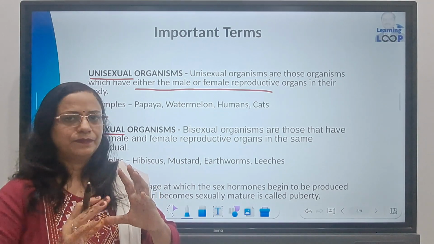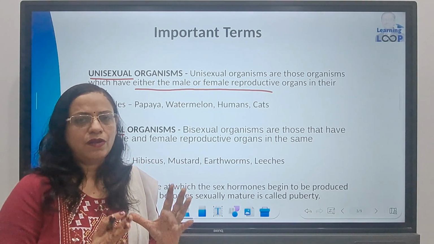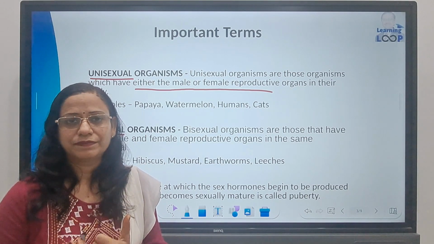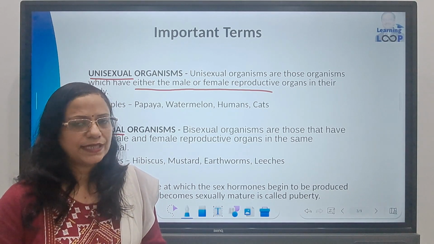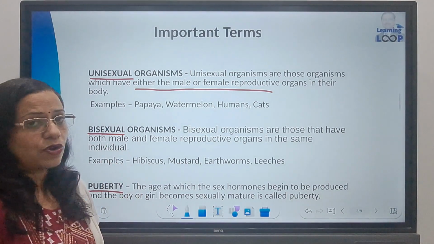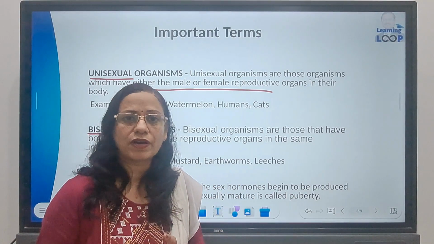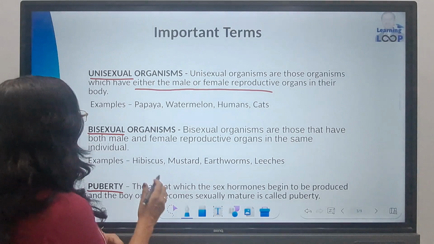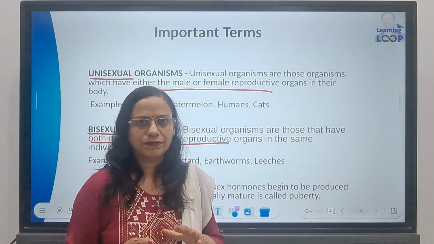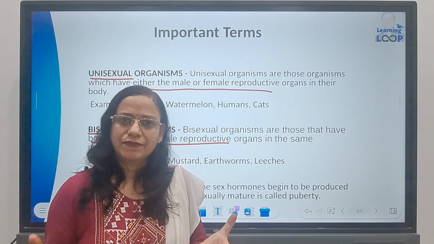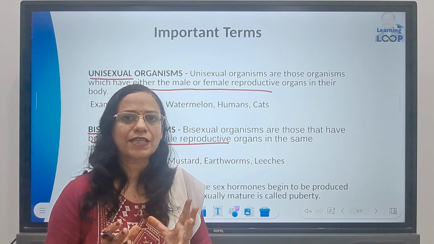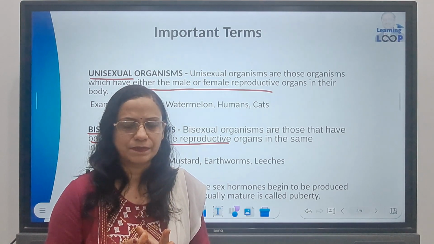Either the organism will be a male or the organism would be a female, just like in the case of humans. Plants can also be unisexual and bisexual, right? Then bisexual means organisms which have both the reproductive organs in the same organism. They will have both the male and the female reproductive organs in the same body. In the case of earthworms, the earthworm has both the male and the female reproductive parts present in the body of the same organism.